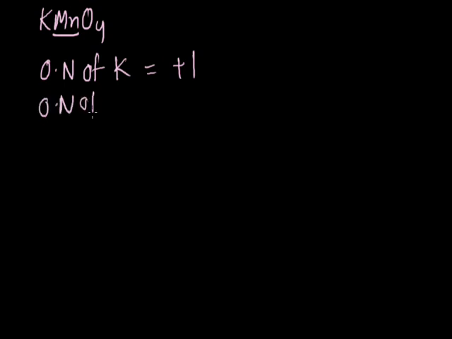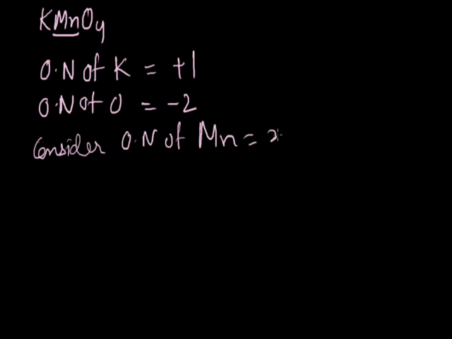In KMnO4, we can calculate the OS of manganese. The oxidation number or oxidation state of potassium is equal to +1 because it is an alkali metal. The oxidation number of oxygen is equal to -2, and we consider the oxidation number of manganese is equal to x.